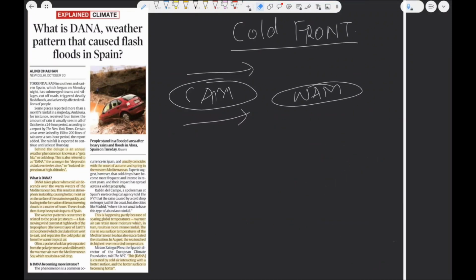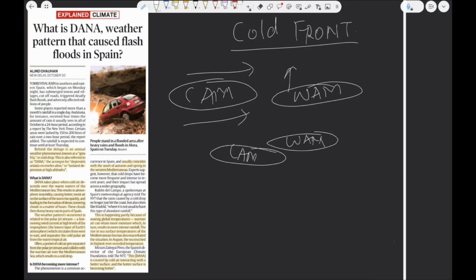Okay, so now what will happen here is, as soon as the cold air mass moves towards the warm air mass, the cold air mass will push the warm air mass upward. It will deliberately push the warm air mass upward. And due to this pushing, the warm air mass is abruptly pushed upwards.